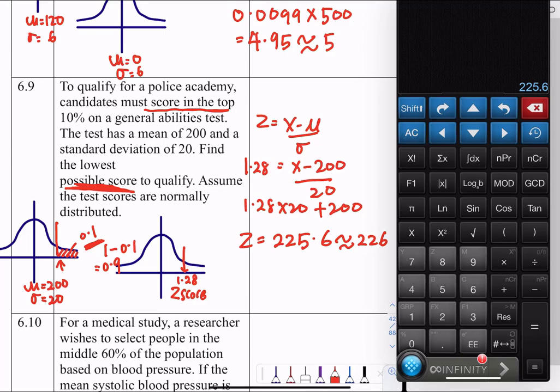The test score, the lowest possible score, is 226.